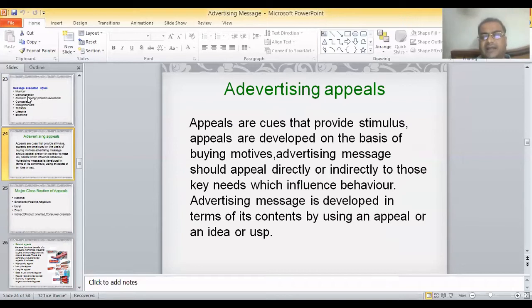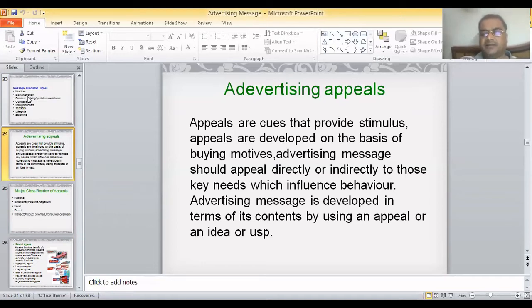Appeals, as I had mentioned in my previous lecture, can be emotional, sexual, or humorous. Basically, these are cues that provide a stimuli to the advertisement.